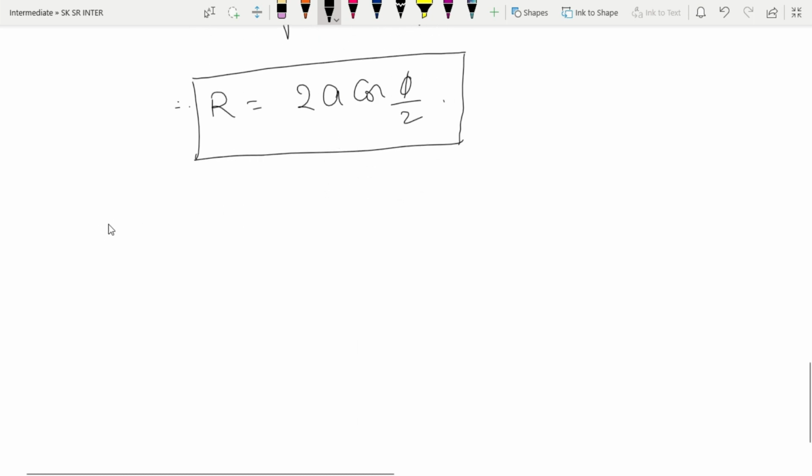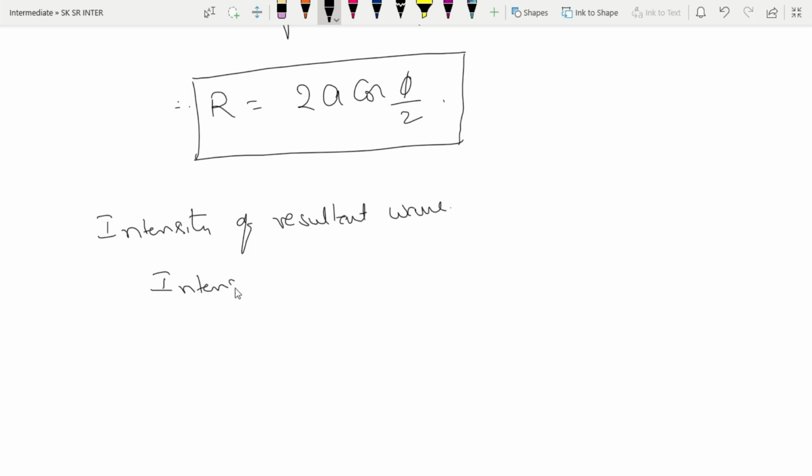Now the intensity of the resultant wave, so intensity I is equal to amplitude r square.